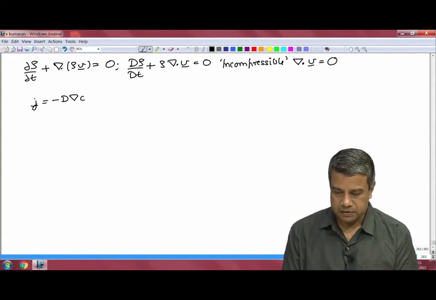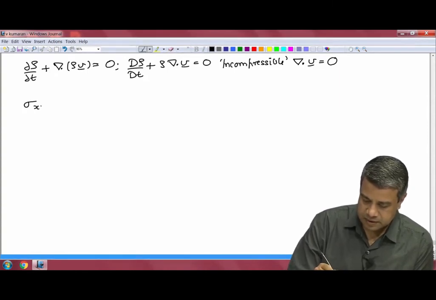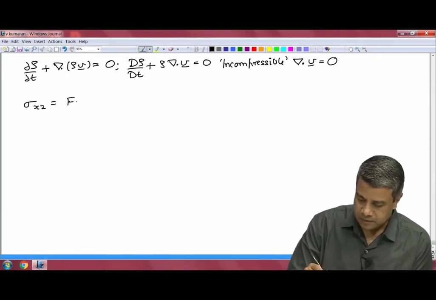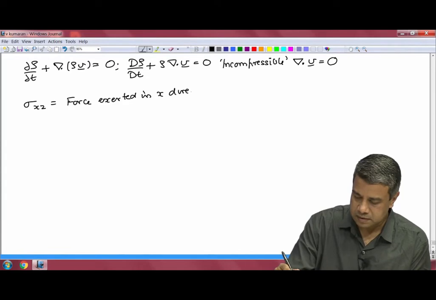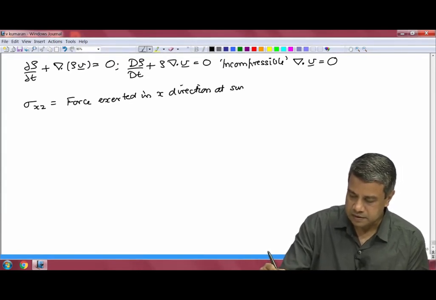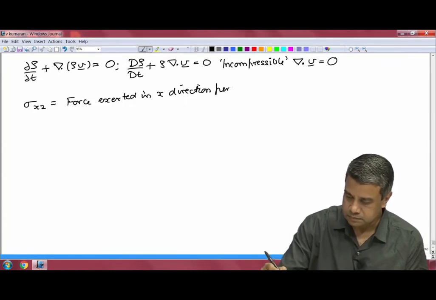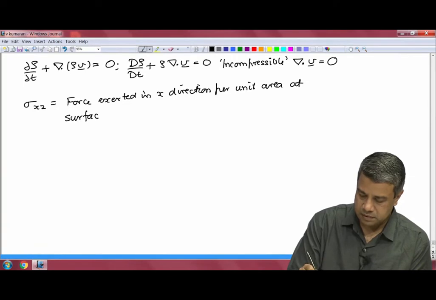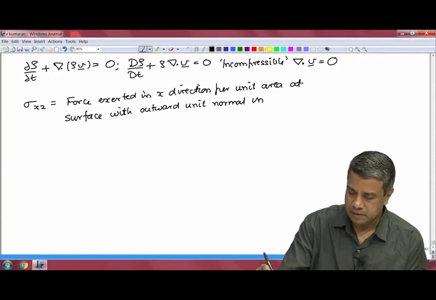If you recall, we had defined sigma with two indices, the stress, as the force exerted in the x direction at a surface with outward normal in the z direction.